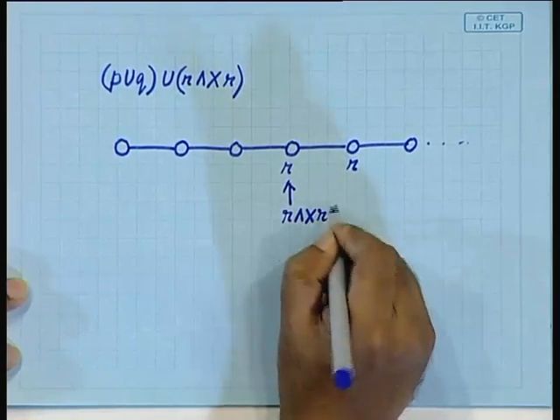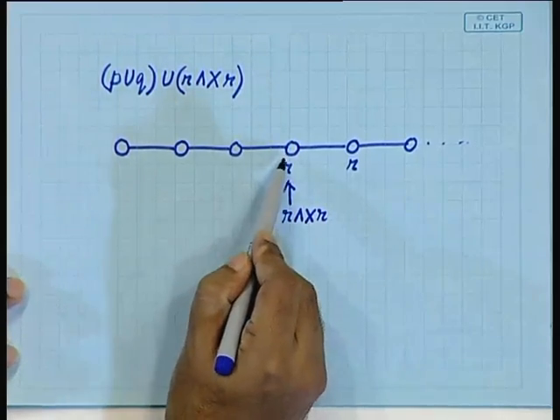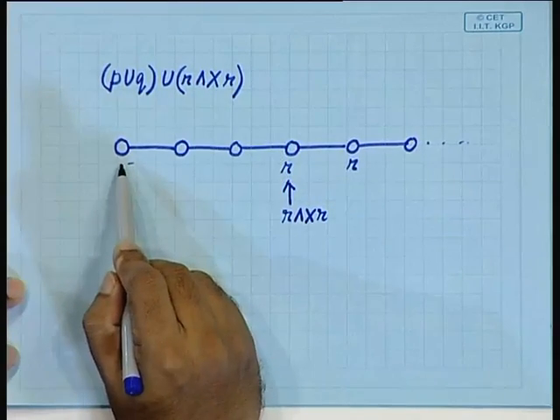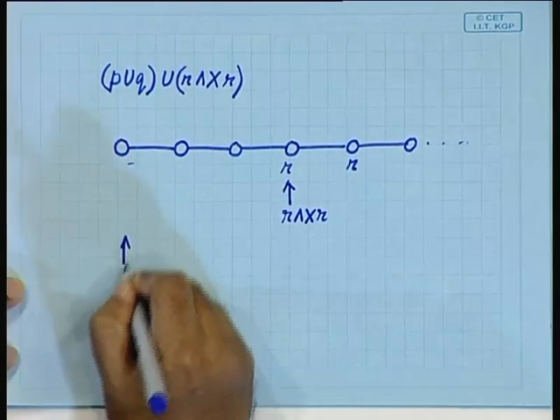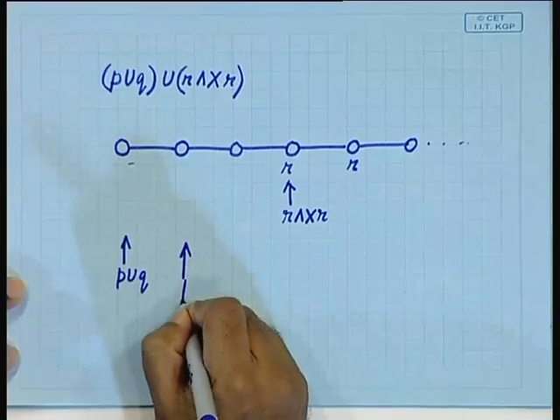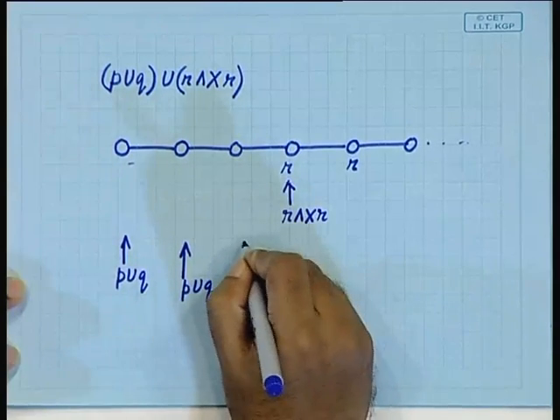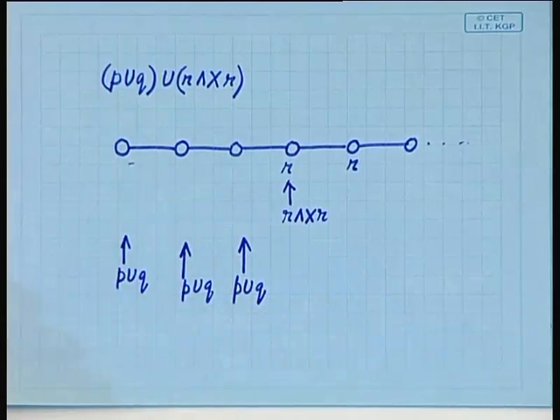Somewhere in the future R and X R must hold, and in all states preceding this, P until Q must hold. So P until Q must hold here, here, and here, in all of these.